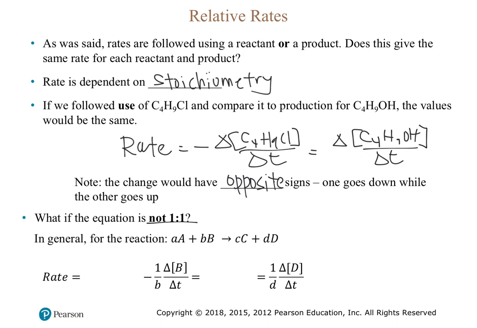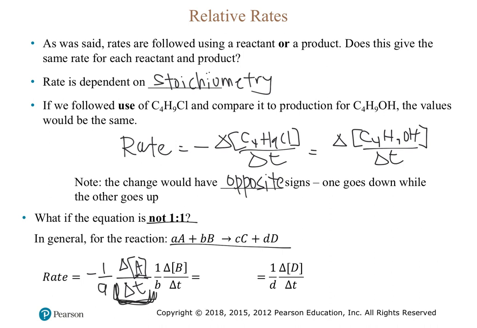If the equation is not 1 to 1, then we're going to need to use the stoichiometry of the reactants and the products. So our rate is going to be equal to negative 1 over the stoichiometric coefficient of each compound times the change in concentration of that compound. Now this factor here, that's what we measured on the graph.